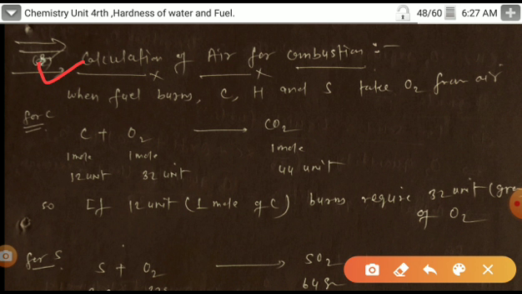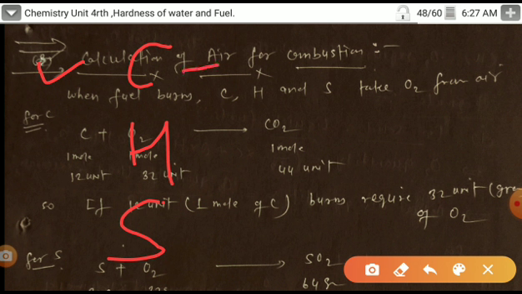So what are the main constituents of a fuel which can be burned easily? There are carbon, hydrogen, and in some cases sulfur, which get fire and provide a huge amount of heat in the presence of oxygen which is present in air.